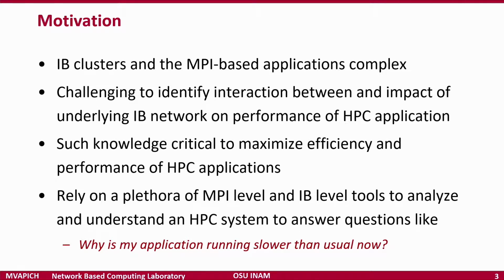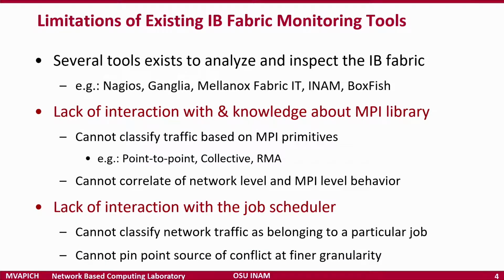Is there some historical information that you can look at as a system administrator, saying, okay, let me see what happened from 10 p.m. yesterday to 10:30 p.m. yesterday on the network? How many jobs were running? What sort of traffic were they pumping? Can I get this sort of historical information to answer questions like this, which system administrators typically get, as one of our previous speakers also mentioned.